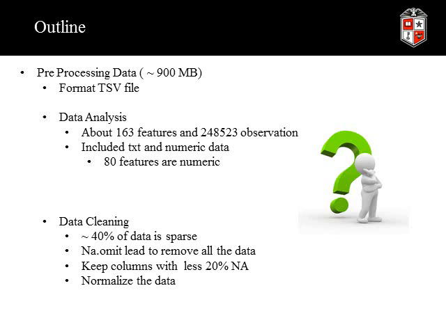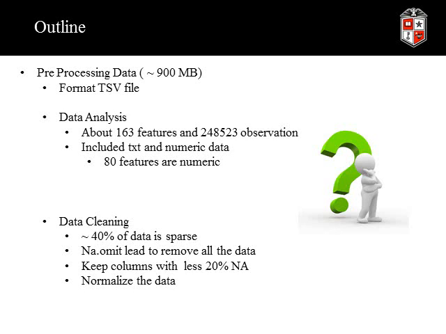Out of these 160 features, which are included in the format of text and numeric data, only 80 features are numeric and also provide helpful information for the next step that I will discuss.